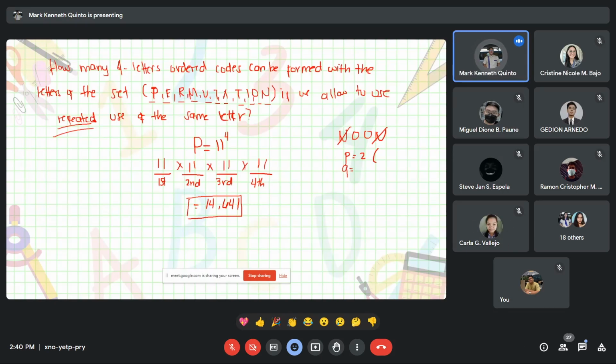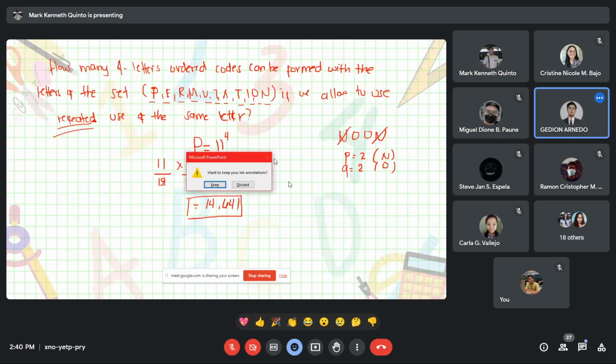Yung letter O naman, dalawa pa rin din siya. So, yun, feeling ko yun yung justification na we can count them pa rin. Ang condition kasi ay 4-letter codes ang kailangan natin ma-meet. Kahit magkasunod yung A, as long we have 4 letters, na-meet natin yung condition, di ba?